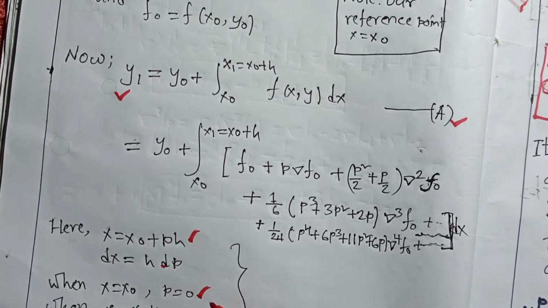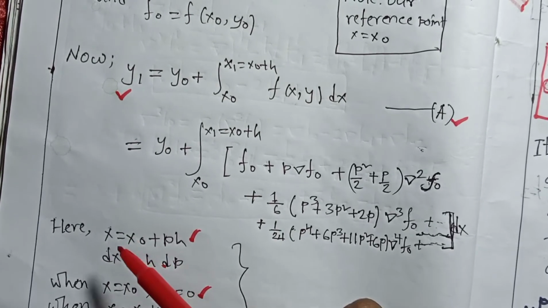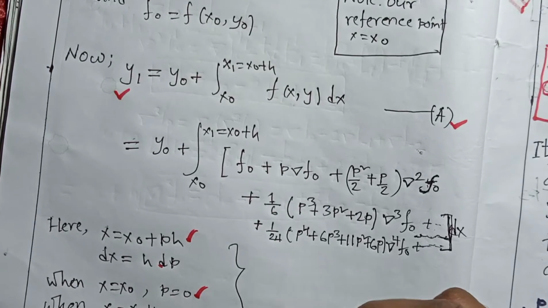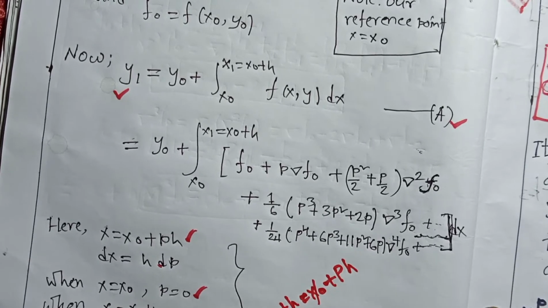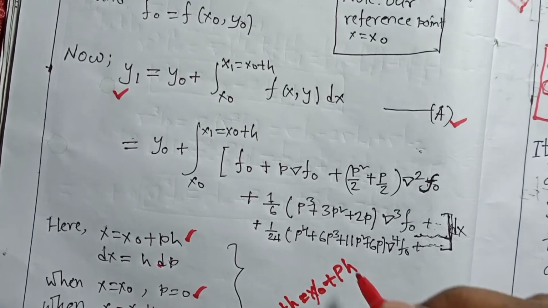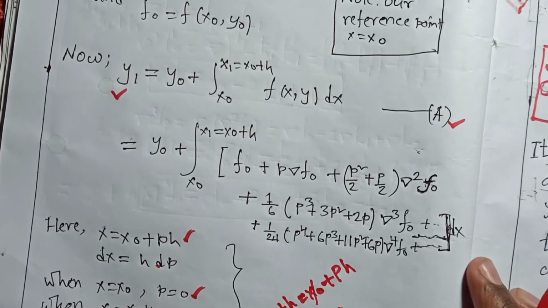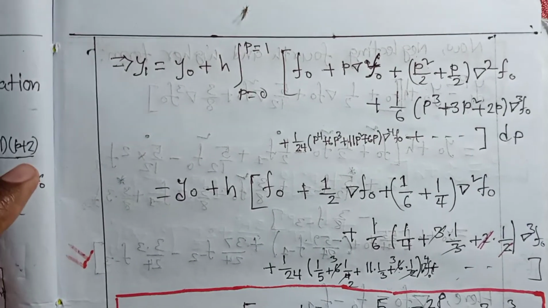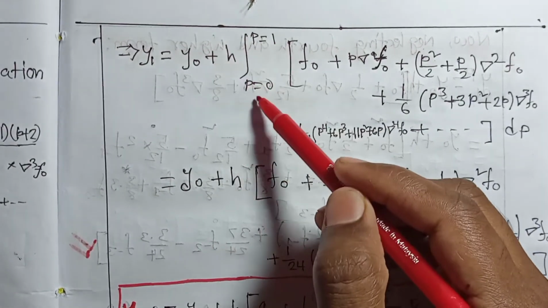Now when x is equal to x0 plus h, we get x0 plus h equals x0 plus ph. x0 gets cancelled, ph equals h, so p equals 1. Now y1 equals y0 plus h times the integral with p from 0 to 1.